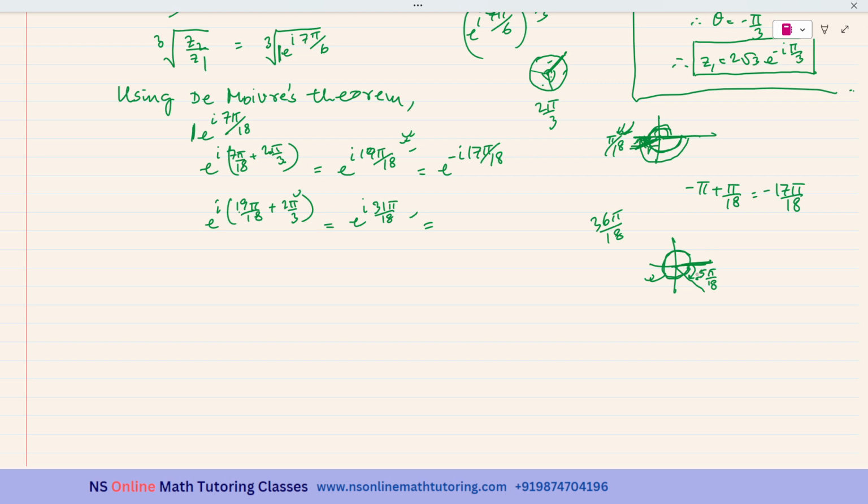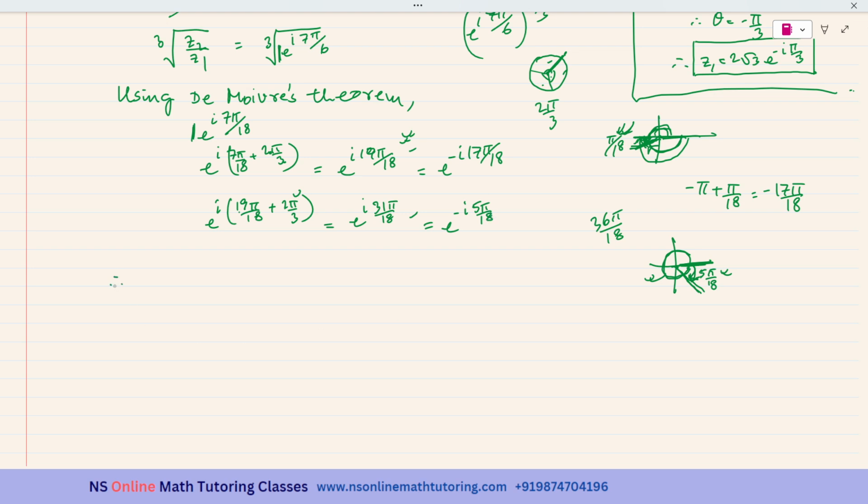But when it is the fourth quadrant, this is the starting point and this is the final point of the revolving ray, and it is moving in the clockwise direction through an angle of negative 5 pi over 18. So that is all. You don't have to do any calculation for fourth quadrant angles. You draw the diagram and it is obvious what the corresponding negative angle will be. So it will be negative i 5 pi over 18.